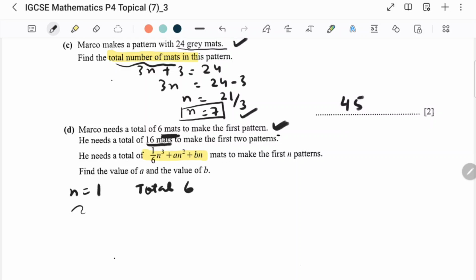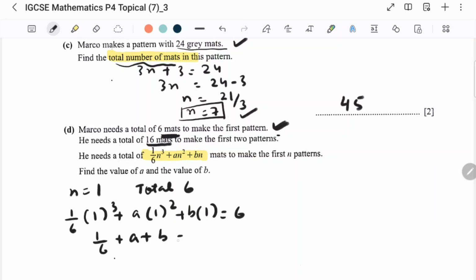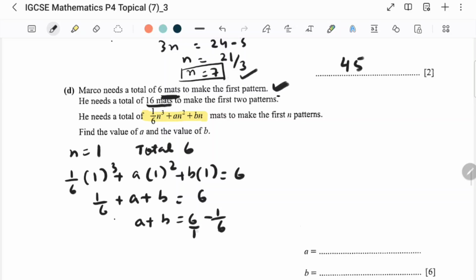1 upon 6 times 1 cube plus a times 1 square plus b times 1 is equal to 6. So 1 upon 6 plus a plus b is equal to 6, so a plus b is equal to 6 minus 1 upon 6. That will become 36 minus 1, 35 upon 6, because you have to multiply by 6.